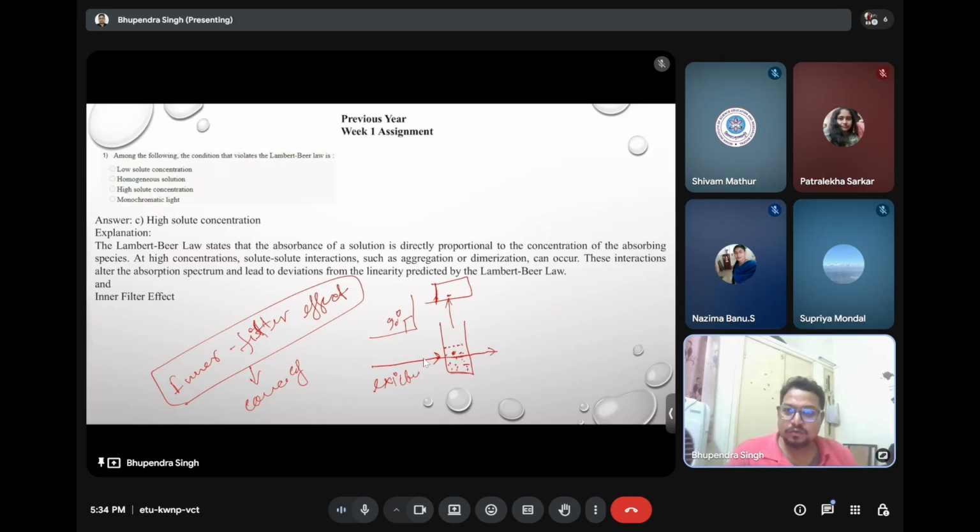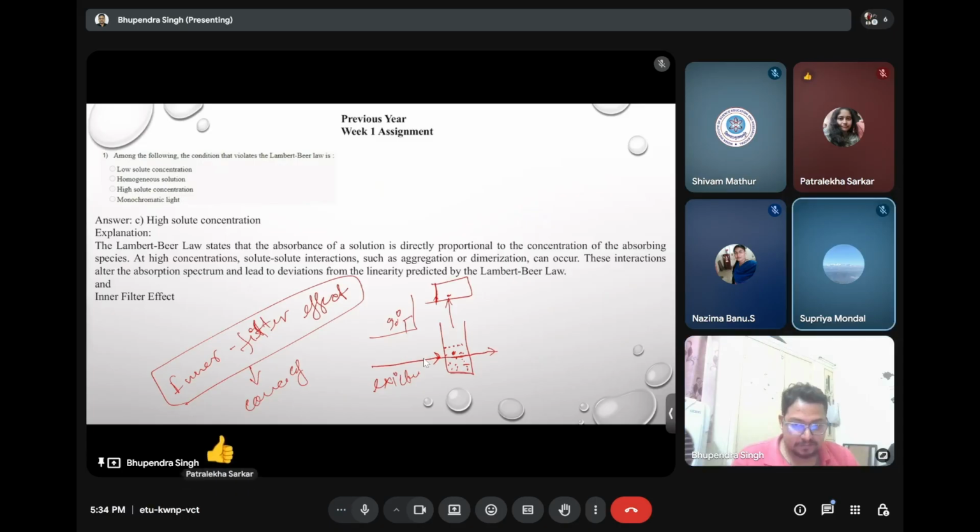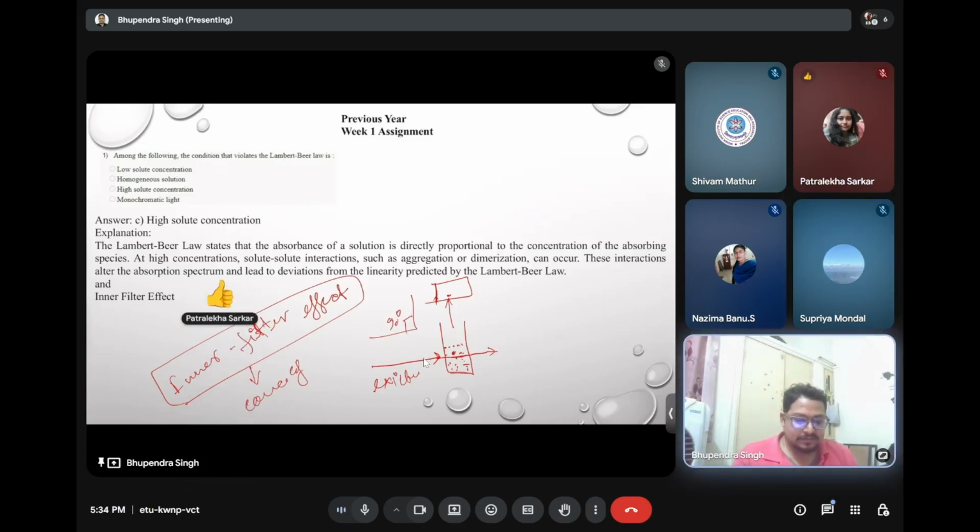And emission is directionless. Yes, emission is directionless, which means a molecule will absorb the light and will emit in any direction.